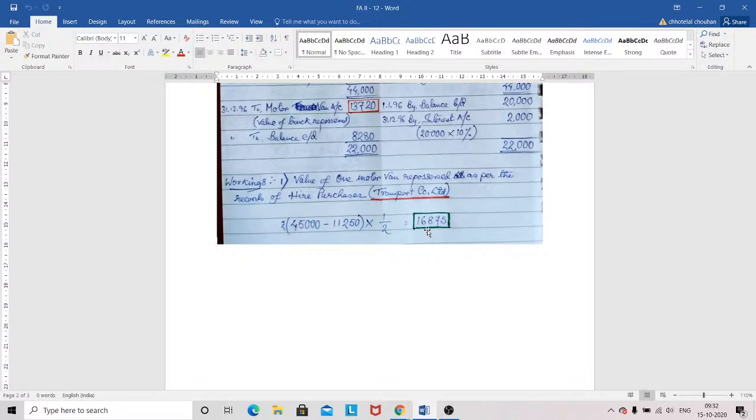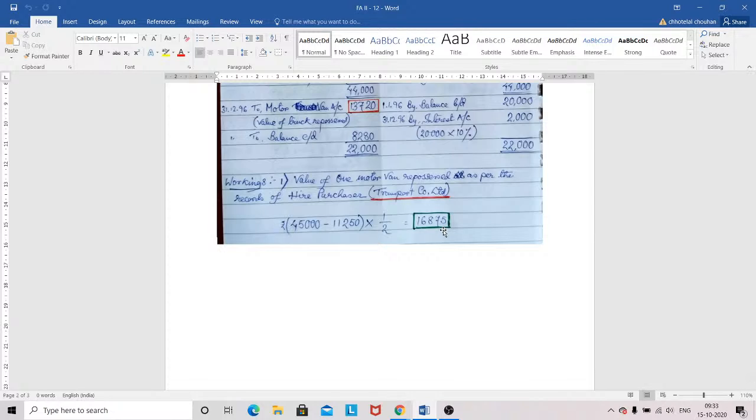You have already charged depreciation at the rate of 25%, amounting to 11,250. If I deduct it, that will be the balance for both the assets. Now you have to calculate for the one asset, so the proportion will be 1 by 2. So 16,875 is the value of the asset as per the hire purchaser.